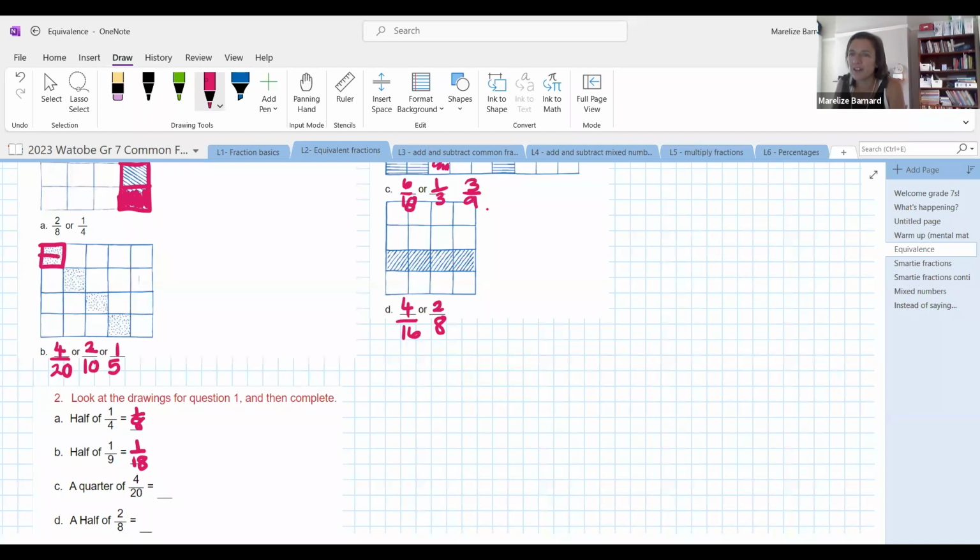So if we divide that further, what will we get? And I keep going like that, and I keep dividing each block. What do I get? Am I making more blocks or am I making fewer blocks?